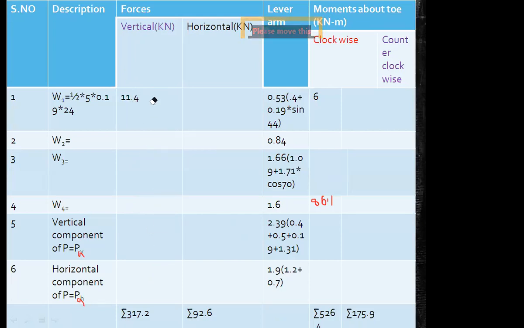Sum of these vertical forces. Okay, now sum of the vertical forces. Are you getting this value? The same value, 317.2 kilonewtons.